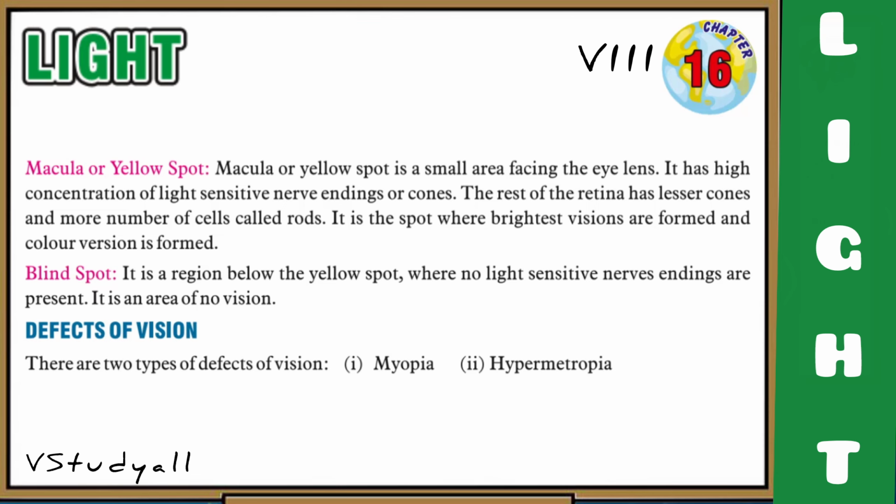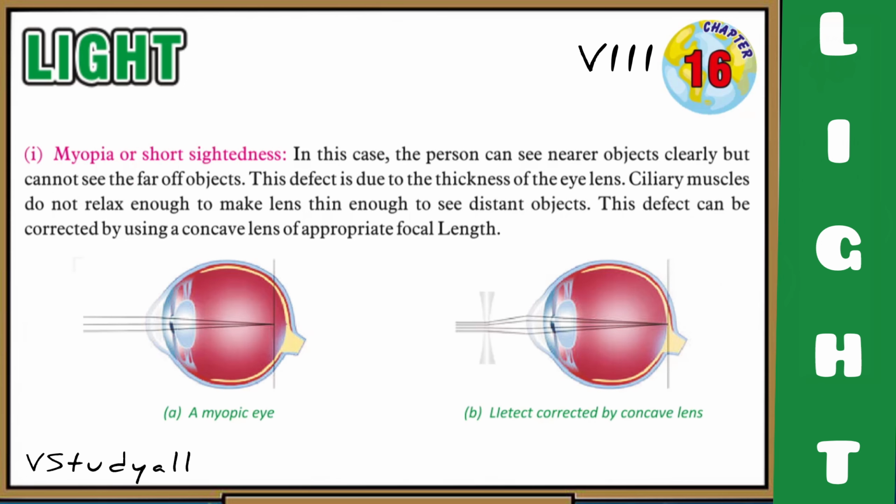Now let's see another topic, that is defects of vision. There are two types of defects of vision. First is myopia and second is hypermetropia. Now let's see myopia or short-sightedness. In this case, the person can see nearer objects clearly but cannot see far off objects. This defect is due to the thickness of the eye lens.